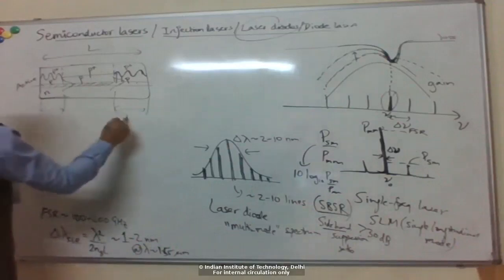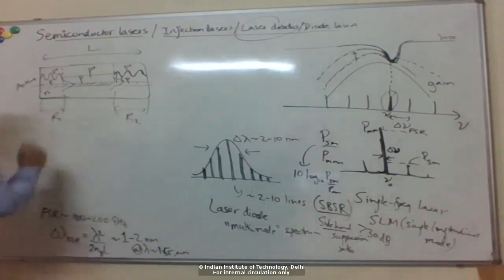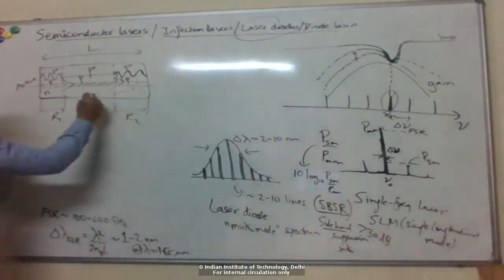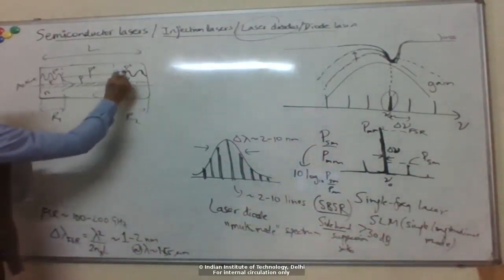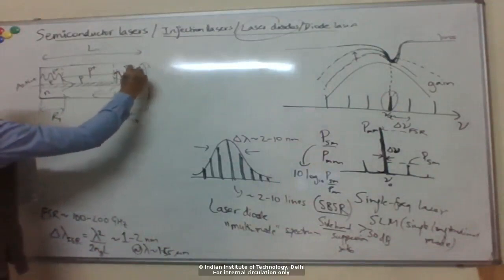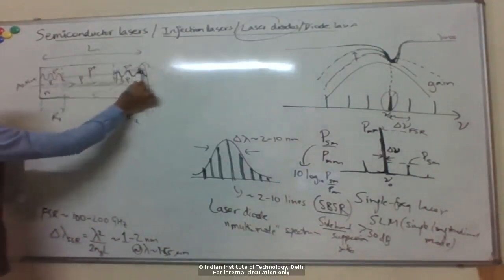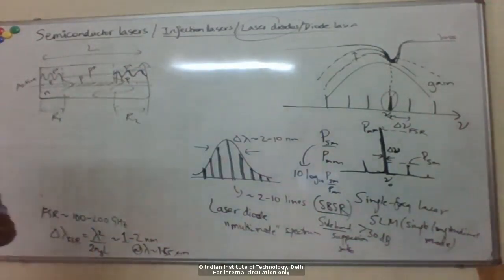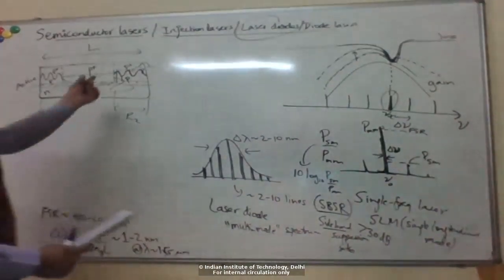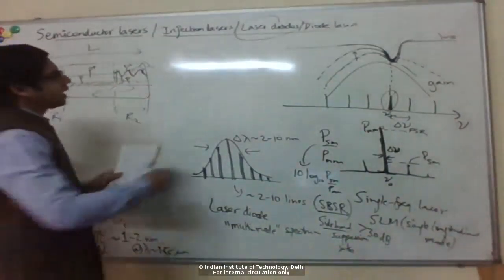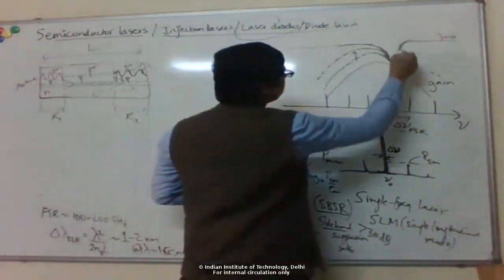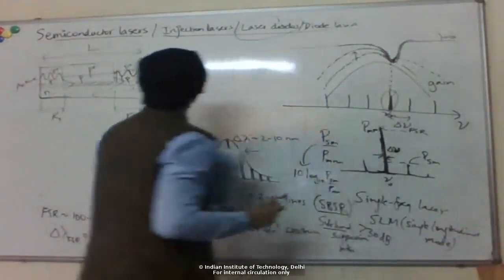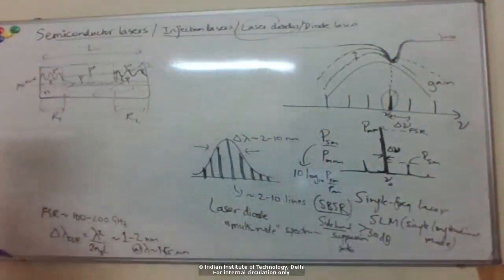These are my two mirrors. The wavelength which is reflected most efficiently will again depend on the periodicity of this Bragg structure. So by having a particular period here, I can ensure the high reflectivity, or the low loss, at that particular wavelength given by the Bragg condition.